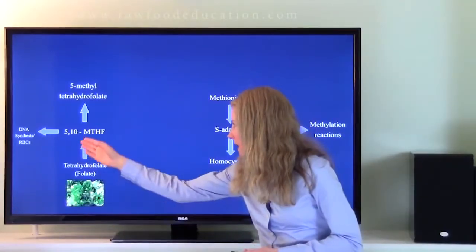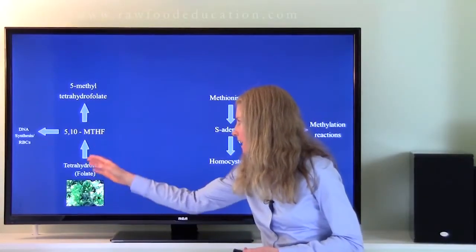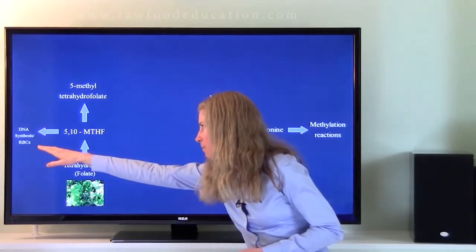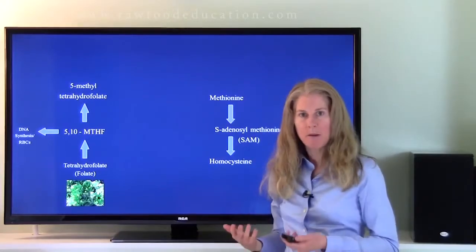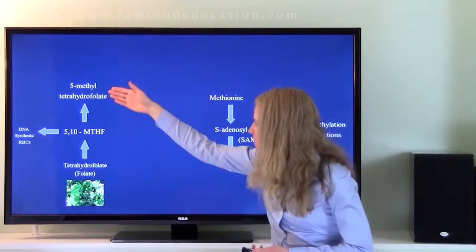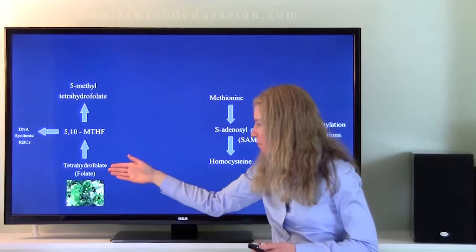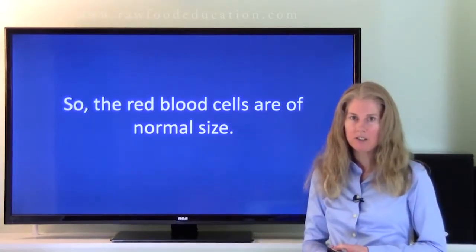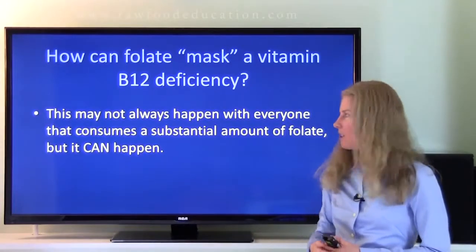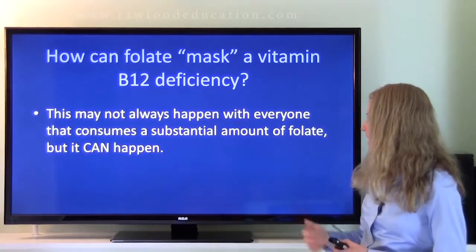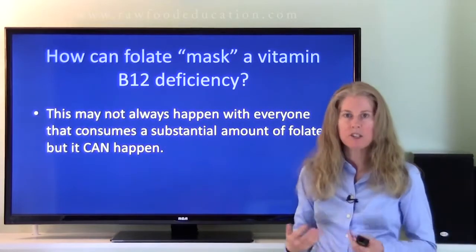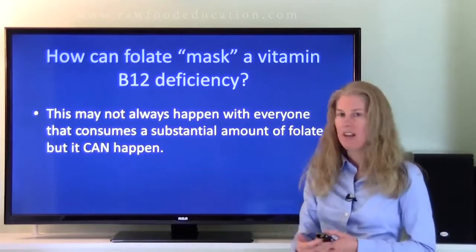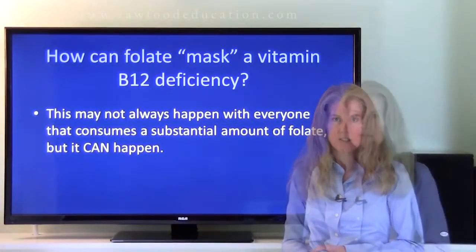Once again, when we have a constant supply of folate from the diet, the production of DNA and red blood cells is going to be less dependent on the conversion of 5-methyl tetrahydrofolate back into folate. So the red blood cells may be of normal size. Now, it's important to note that this may not always happen with everyone that consumes a substantial amount of folate. But it certainly can happen, and it has happened.